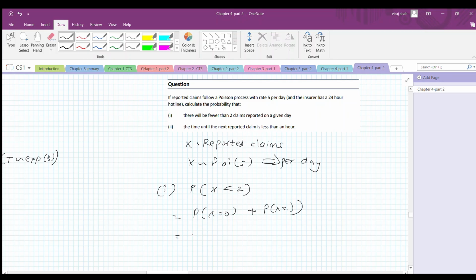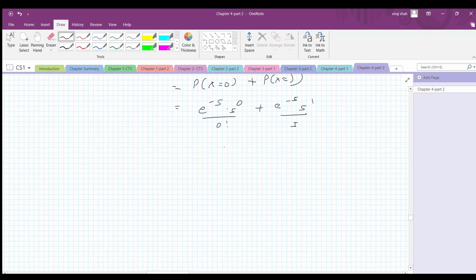So what is the formula of the PDF? It is nothing but e raised to minus lambda into lambda raised to x upon x factorial, right? What is my lambda? Lambda is 5. What is x? X is 0. Similarly, let me do it for 1. Lambda is 5, x is 1.